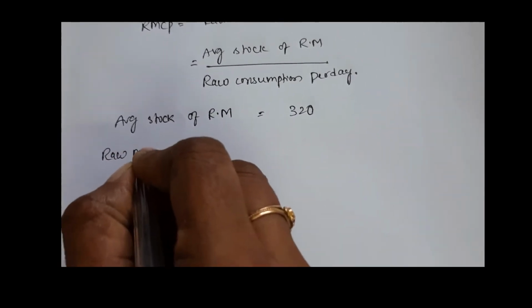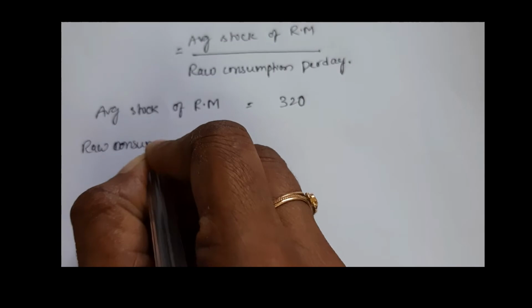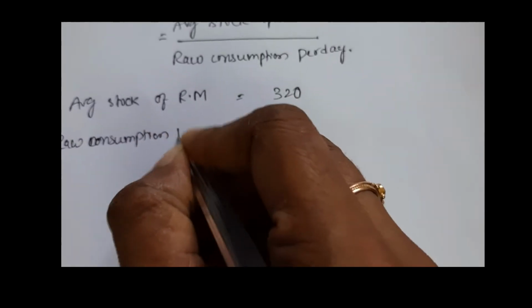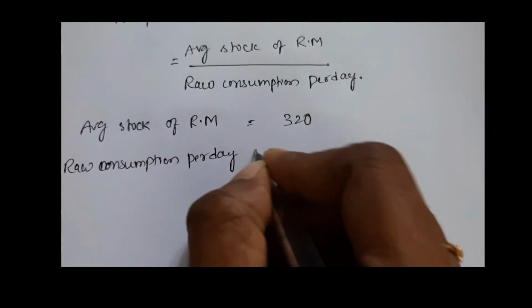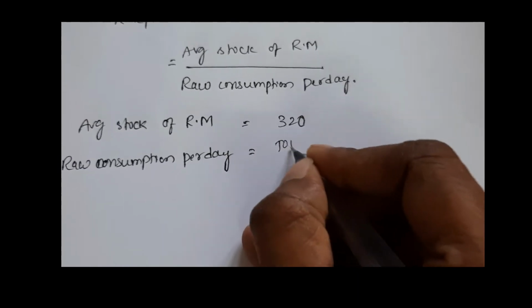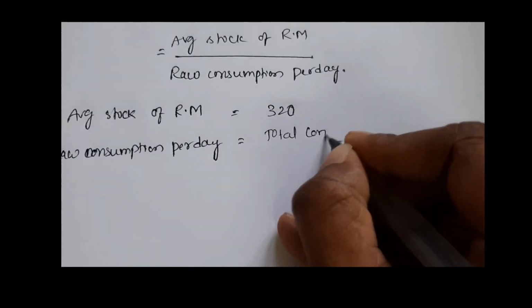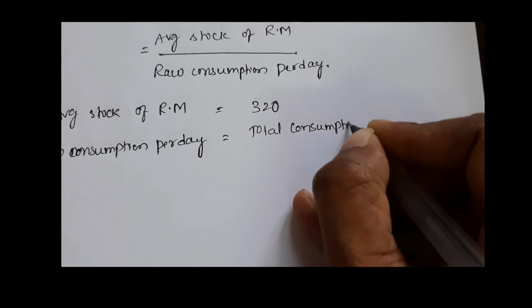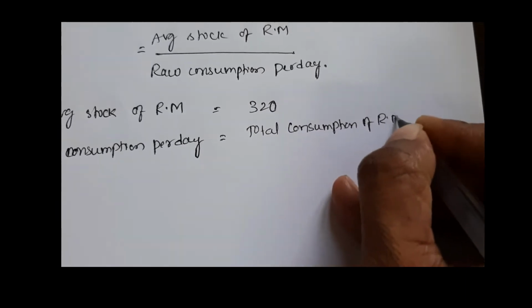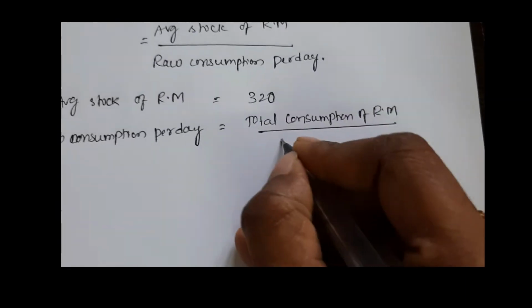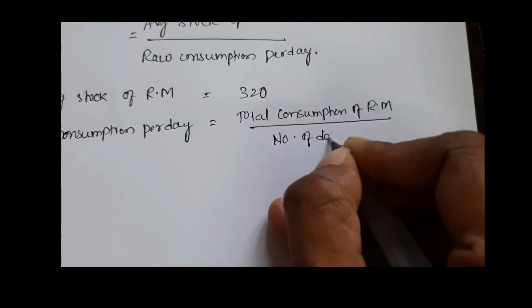Then raw material consumption per day will be total consumption of raw material divided by number of days.